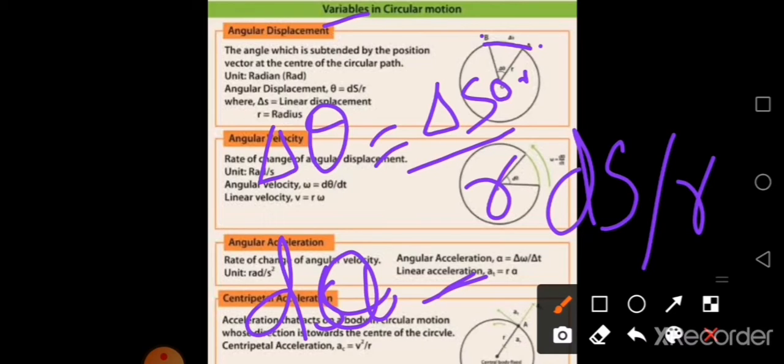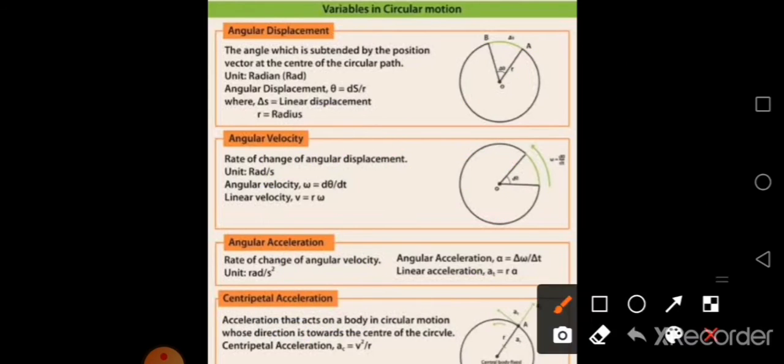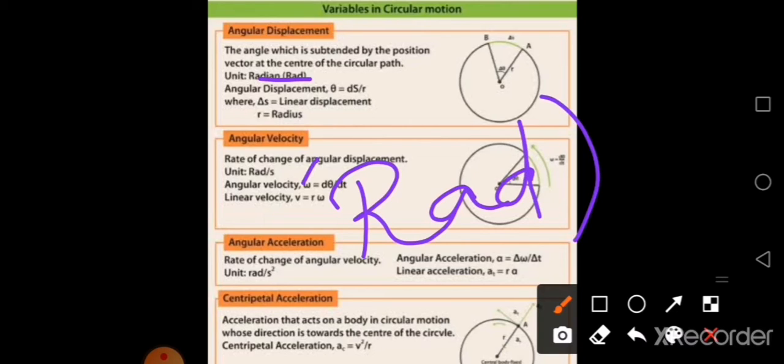This is the equation for angular displacement, where ds is the linear displacement and r is the radius of the given circle. The unit of angular displacement is the radian, which you represent as rad. This is the symbol for radian.